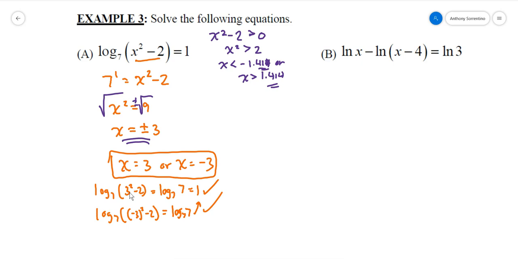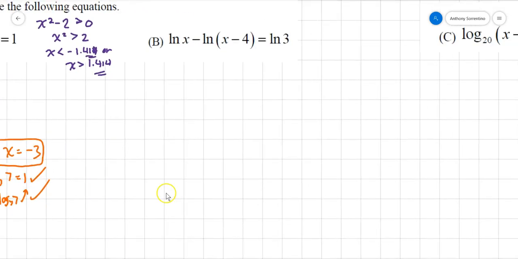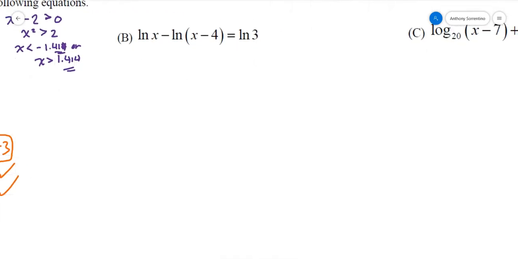For B, now if B, let me scooch this over. If B had been the ln of something equaling the ln of 3, I could just simply say, okay, get rid of those and say whatever's over here equals 3.